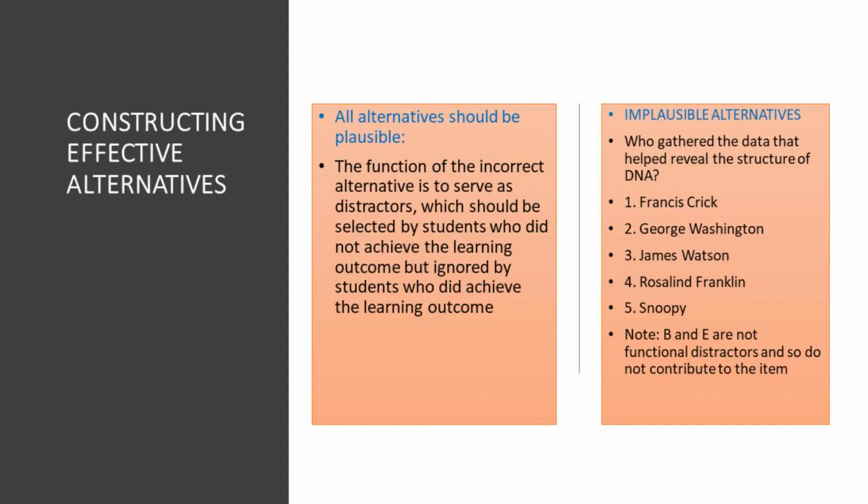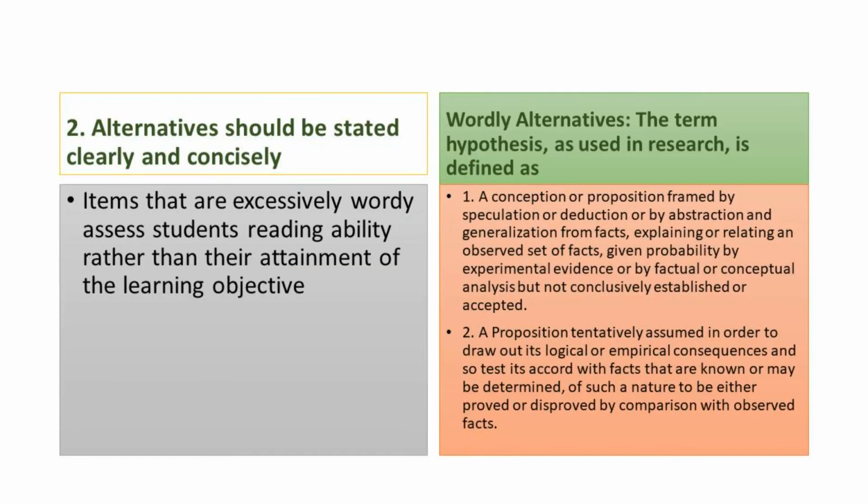The next part of the construction of an effective MCQ: we have studied now about the stem. Now we have to be careful about how you construct the alternatives. They are also of equal importance. Items that are excessively wordy assess students' reading ability rather than their attainment of the learning objective, so you should avoid that. You can see in this example, the term hypothesis as used in research is defined as a conception or proposition framed by speculation or deduction or by extraction and generalization from facts, explaining or relating, and so on.